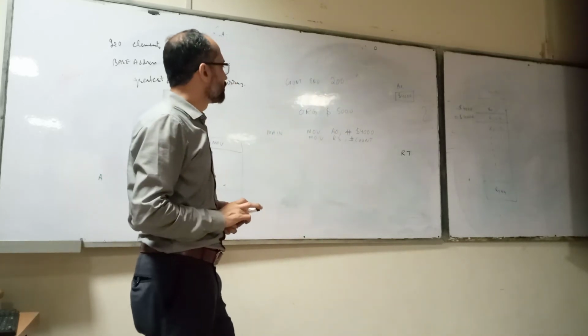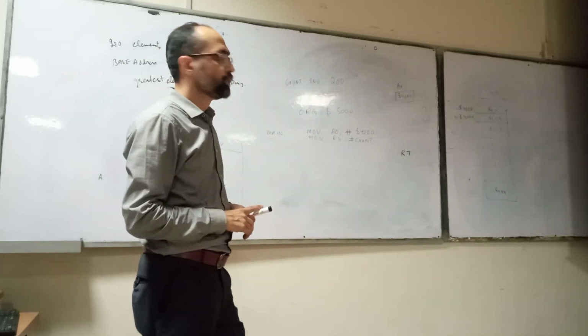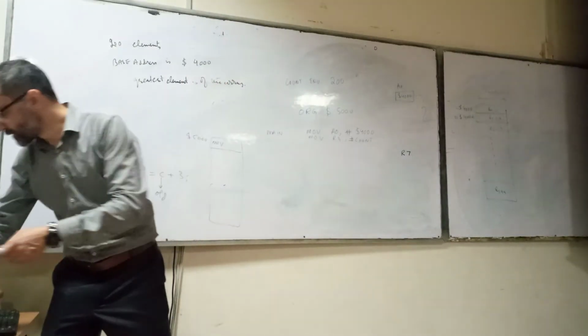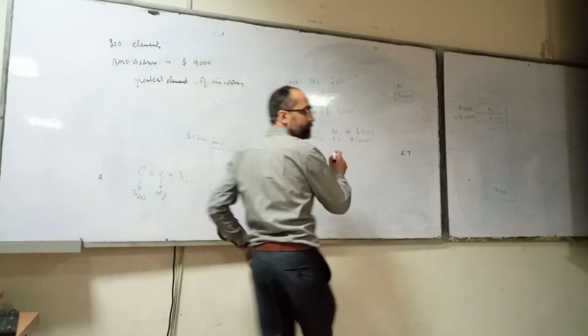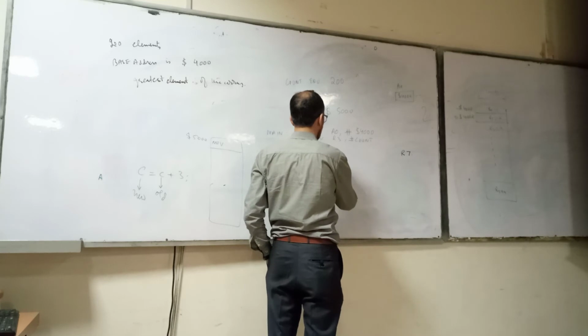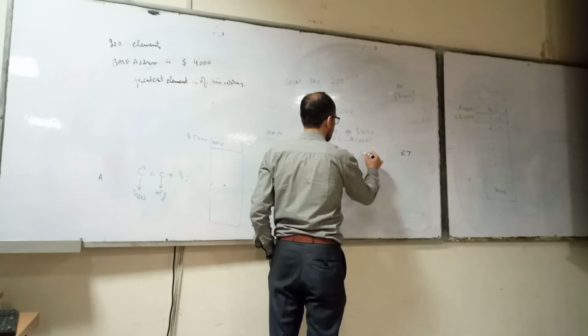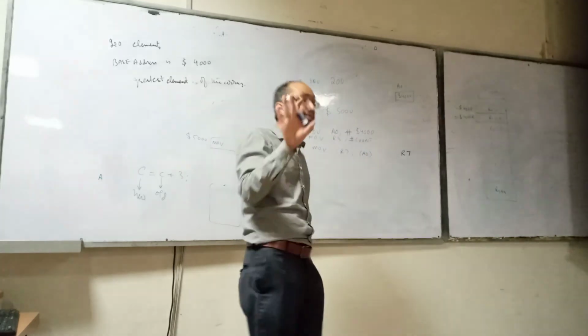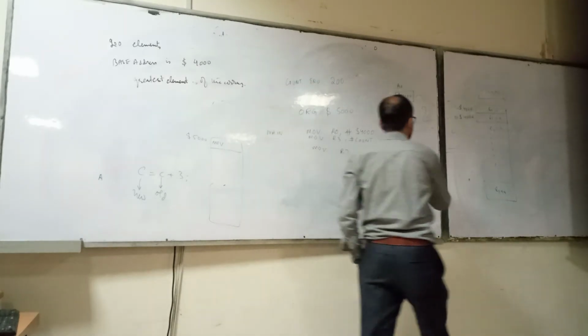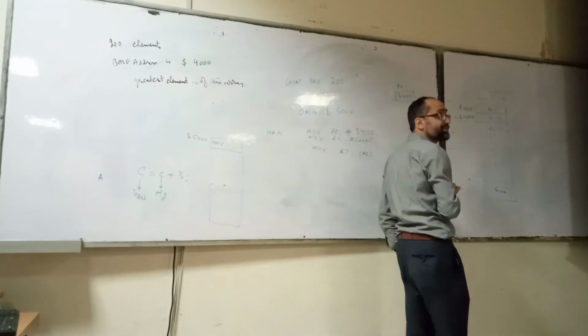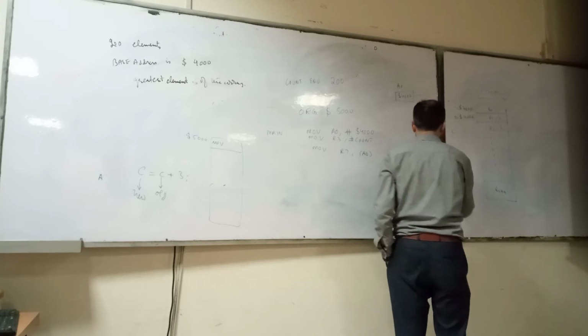Yes, we need to store the first value into R7. We can directly use move R7 A0. We are not incrementing. So now R7 will contain the first element. And what is the first element? 5.